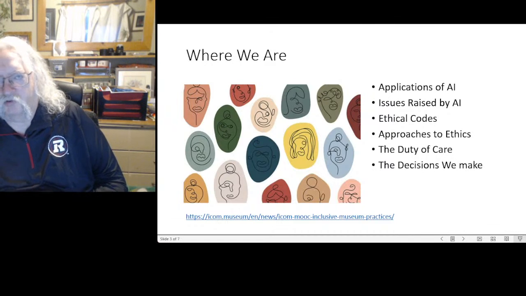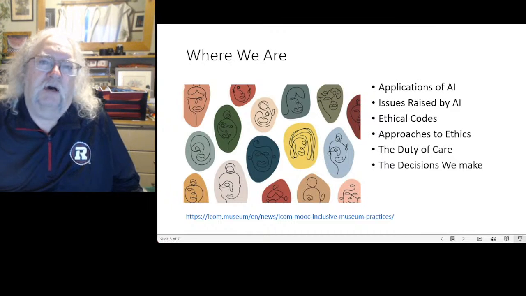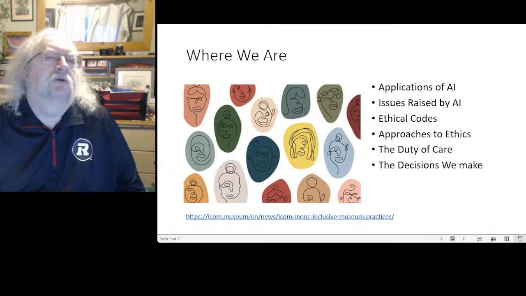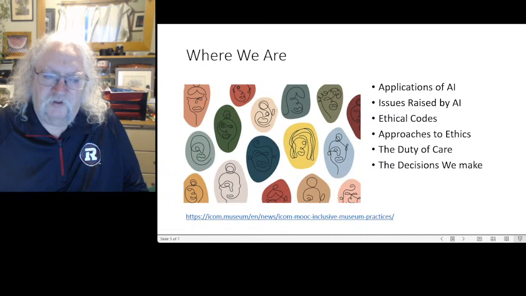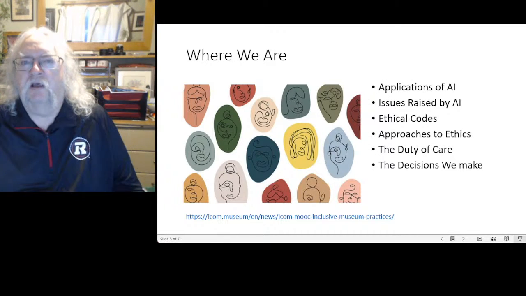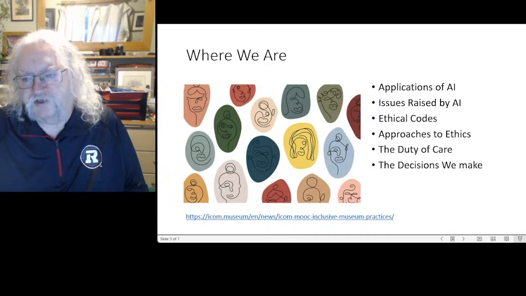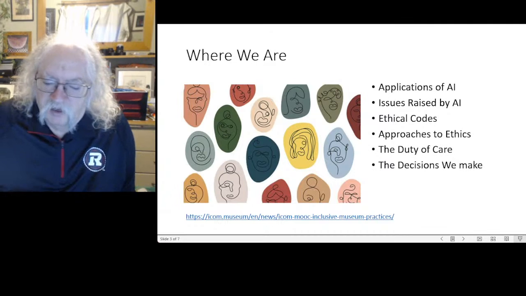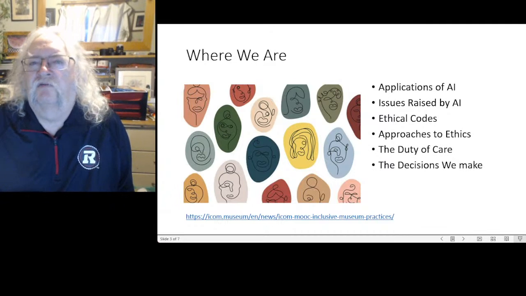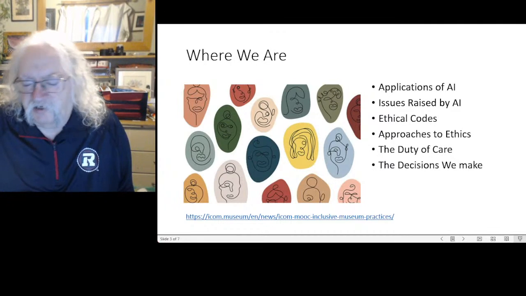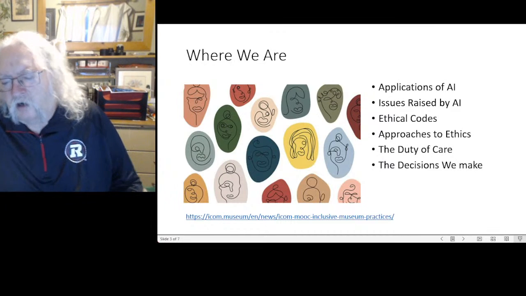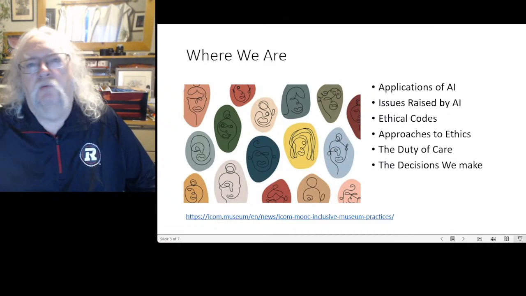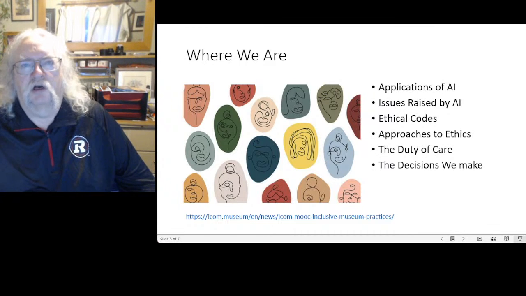Now, most treatments of ethics stop after the first three, and they don't usually think of social contract theory as an approach to ethics. But in the reading that I did for this course, and especially when I looked at things like ethical codes, we saw a lot of language that suggested that people are thinking of an ethical framework very much in the way they think of a social contract.